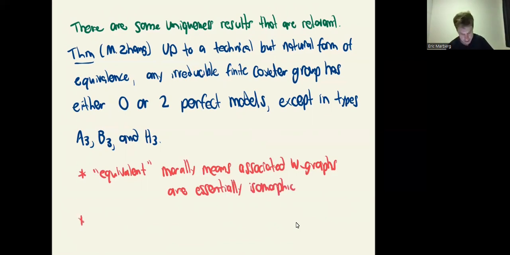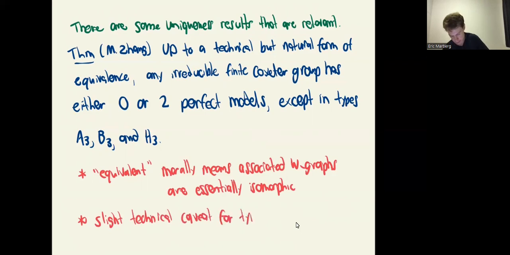And also, there's a slight caveat for type Bn. In type Bn, there are actually 4 equivalence classes of perfect models, but 2 of them are kind of trivial refinements of the others and can be excluded by adopting a slightly different definition. Okay, so that's where I'll conclude.